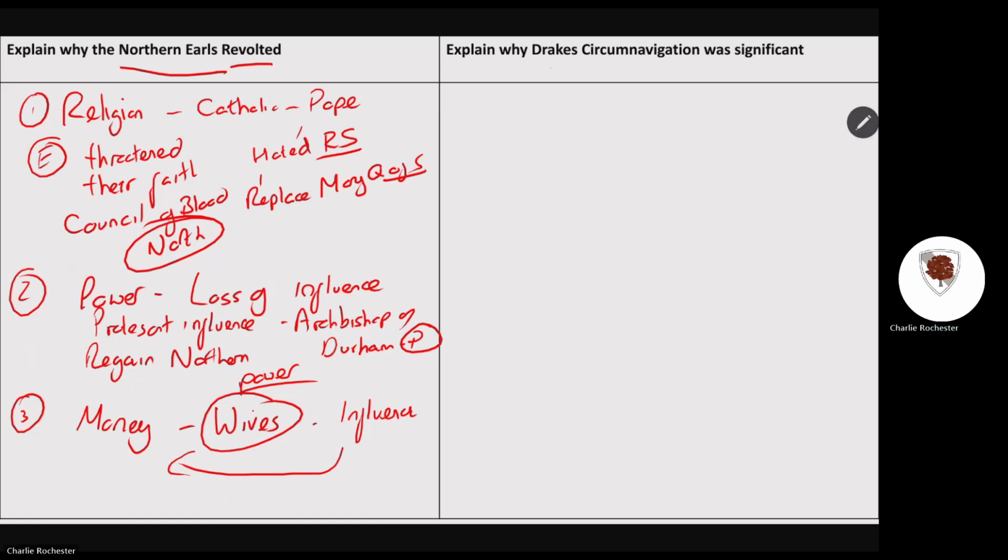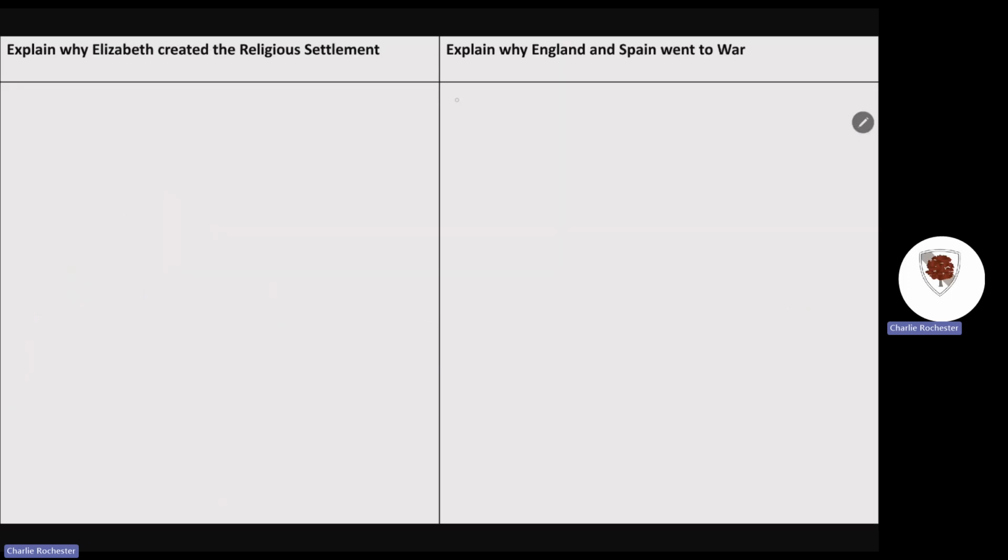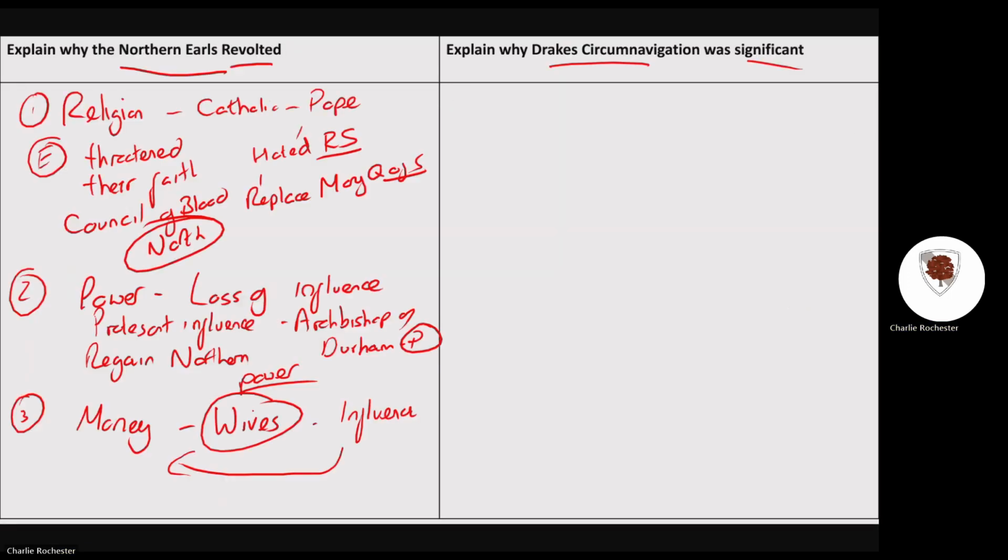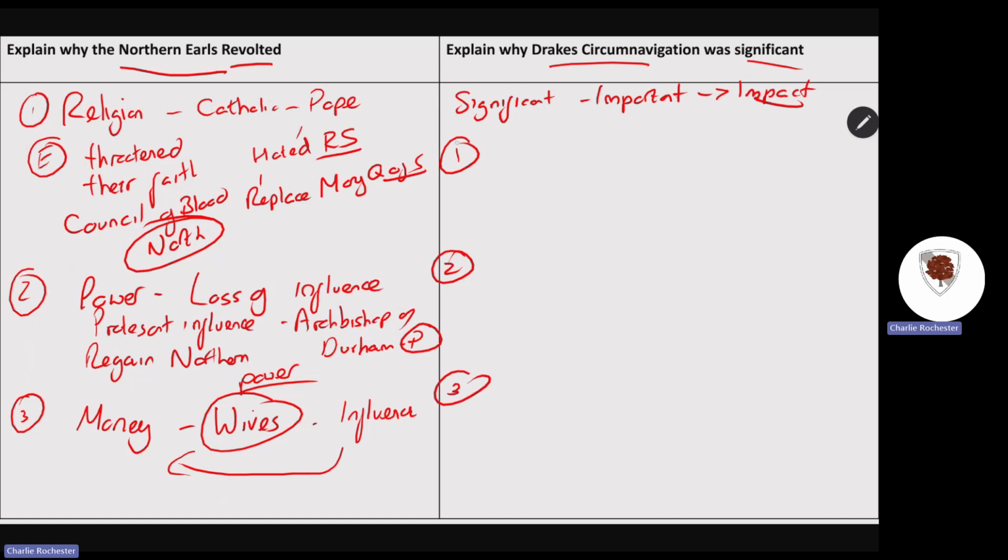Right. I think this could be a very nice question as well. Why Drake's circumnavigation was significant. Remember, significant means important. Important means impact. So I'm not going to go through this one in depth. You just need 3 reasons.